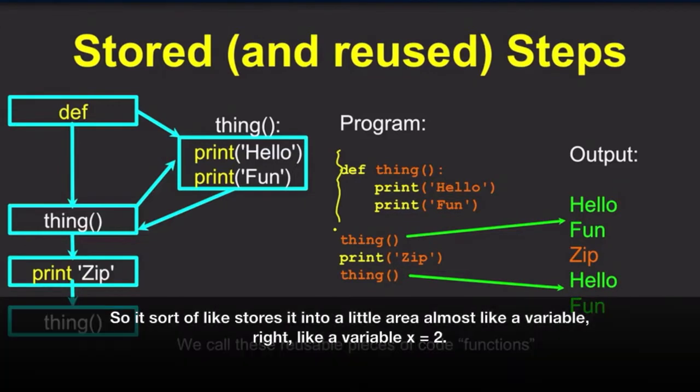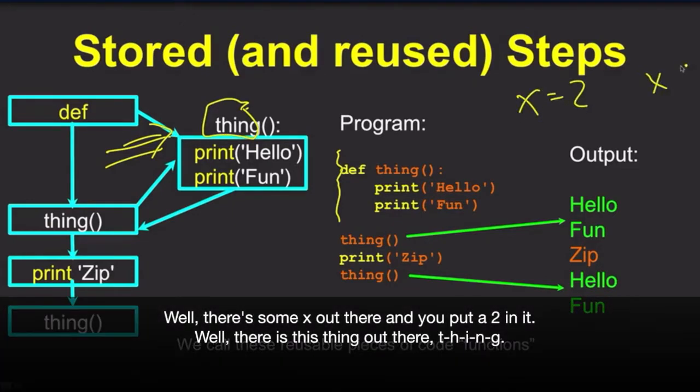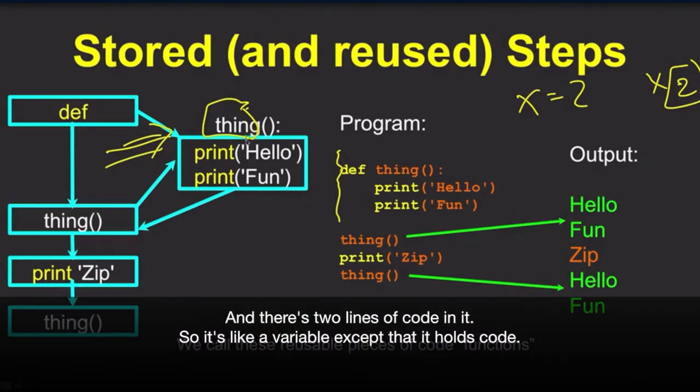So it's sort of like it stores it into a little area, almost like a variable, right? Like a variable x is equal to 2. Well, there is some x out there and you put a 2 in it. Well, there is this thing out there, thing, and there are 2 lines of code in it.